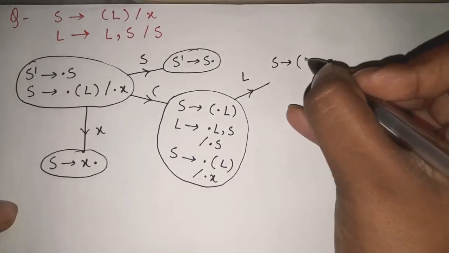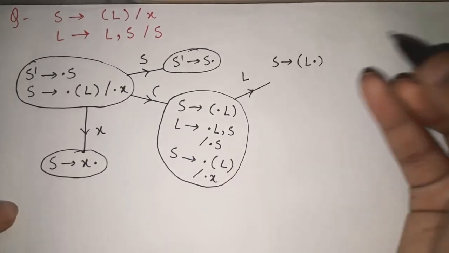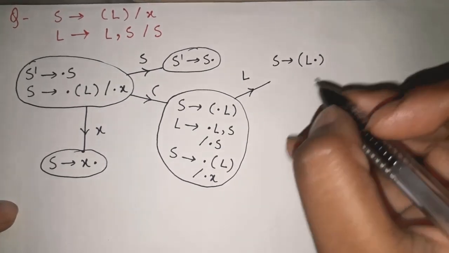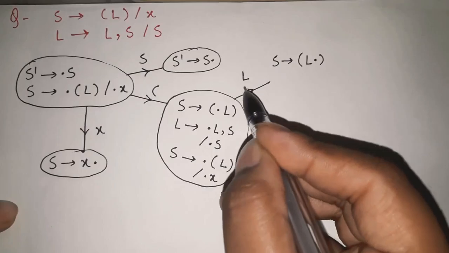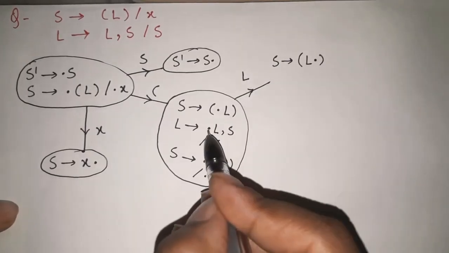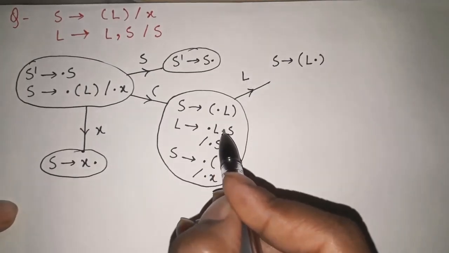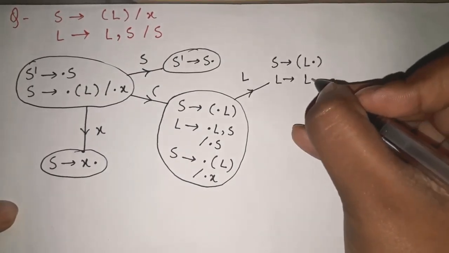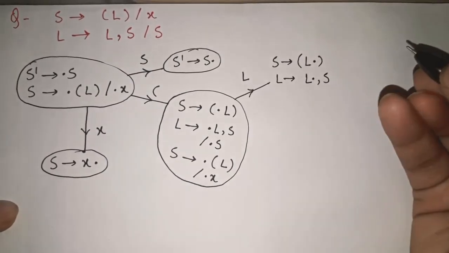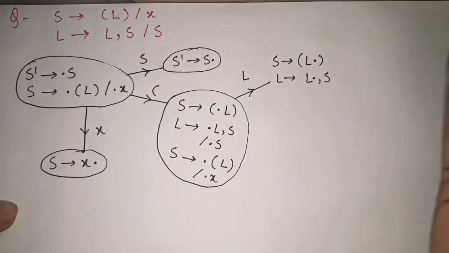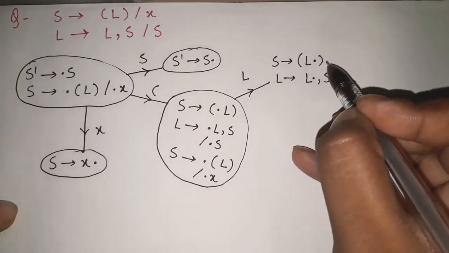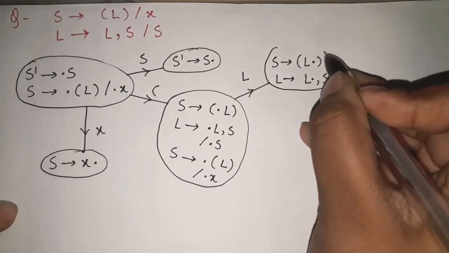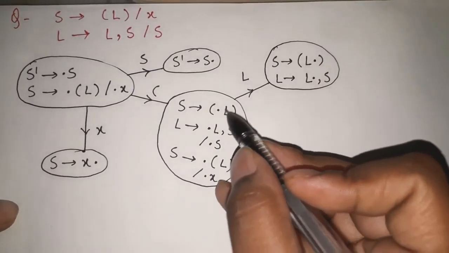Here also we are doing it for capital L, so the dot will be shifted after L. So L gives L.,S. Here after the dot a terminal is there, and here too, so I don't need to expand any further. This became my next state. Capital L is done.